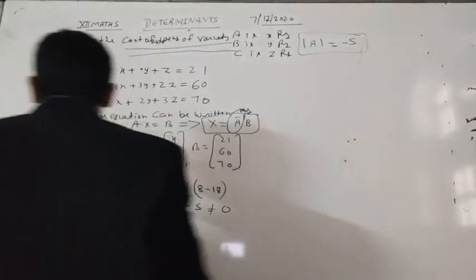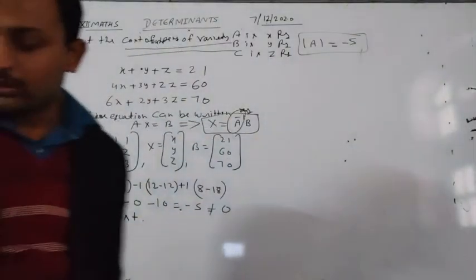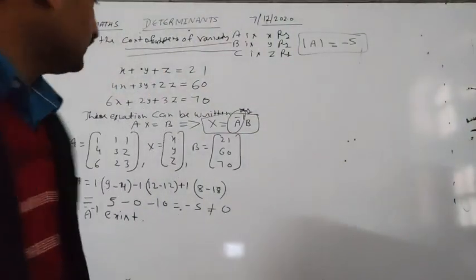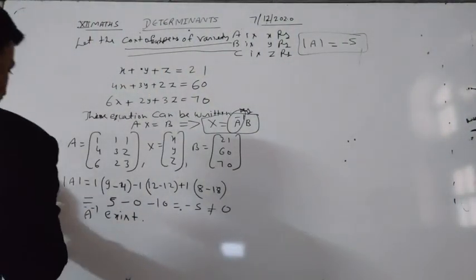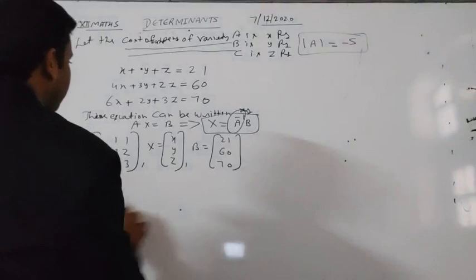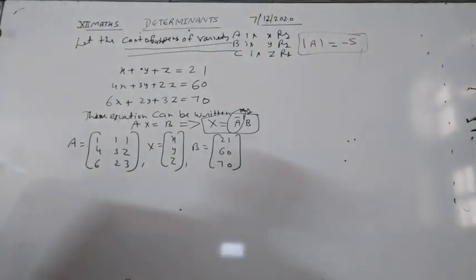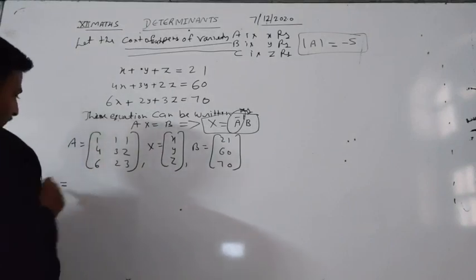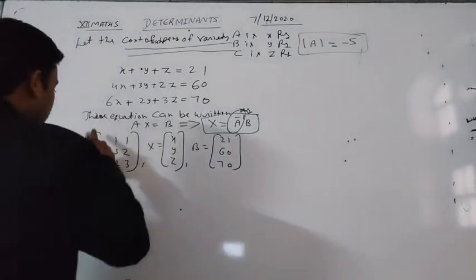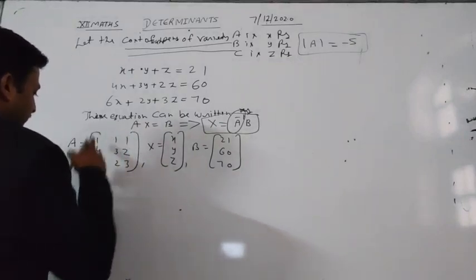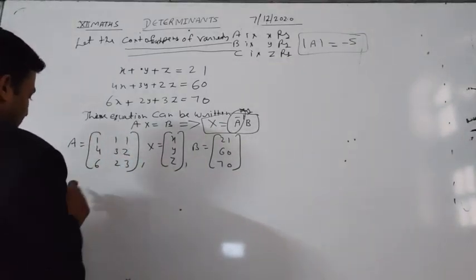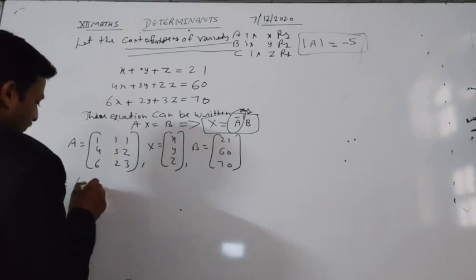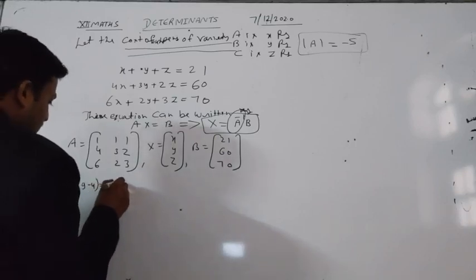Now we will find the adjoint of A. Let's find the cofactors. For A11, the first row and first column are cancelled, so we get 9 minus 4, which is 5.